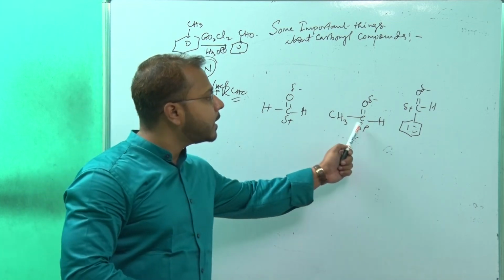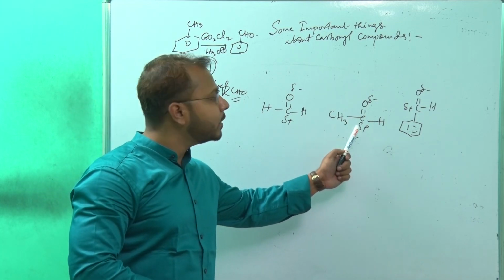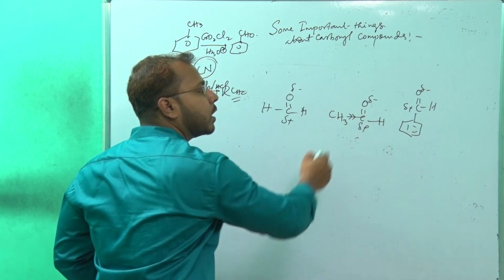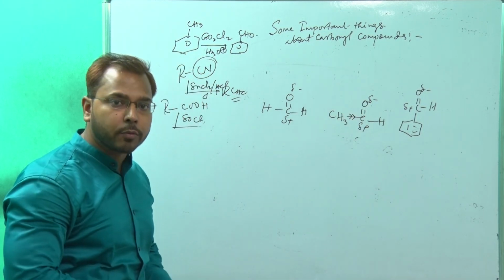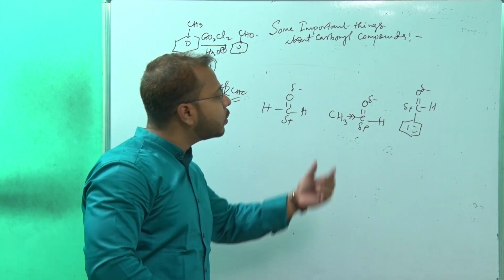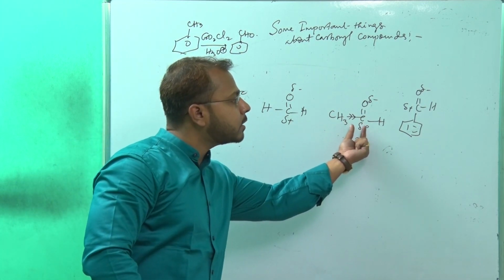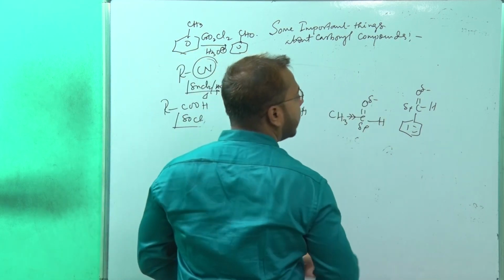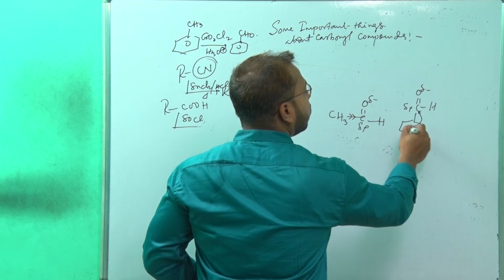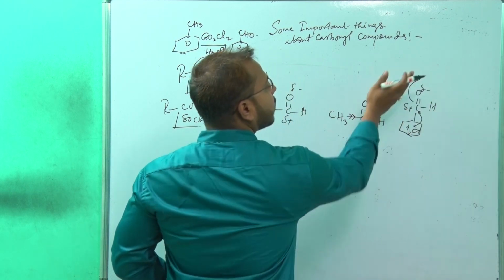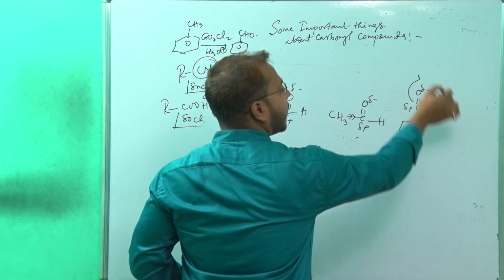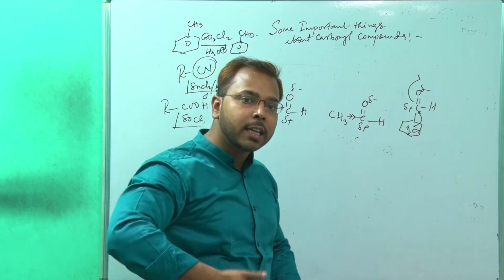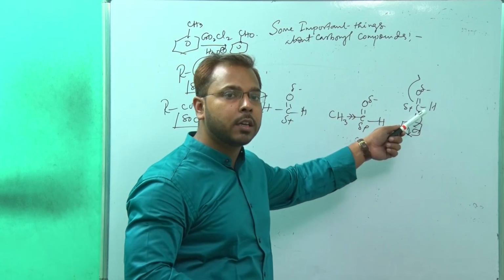But in acetaldehyde, this partial positive charge is partly neutralized by the plus I effect of the methyl group. So the availability of the positive charge becomes less. And in benzaldehyde, not only plus I, but due to the plus R effect of the benzene ring, or we can say the minus R effect of the CHO group, this partial positive charge is again neutralized by the benzene ring.